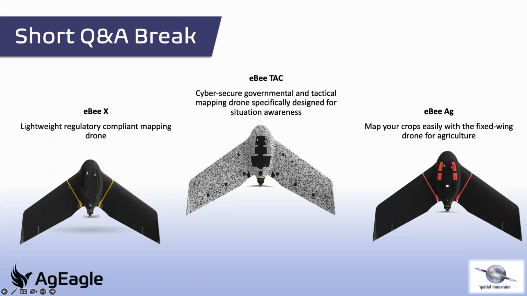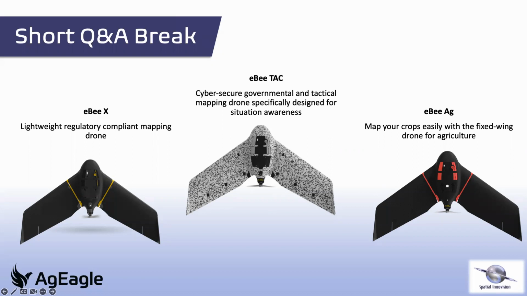Do the eBee TAC and eBee Ag give the same products as the eBee X? Okay, the eBee TAC is mainly for cybersecurity and public safety, while the eBee Ag is for agriculture purposes, right? So the eBee X can use the sensors that the eBee Ag uses and also the eBee TAC's.